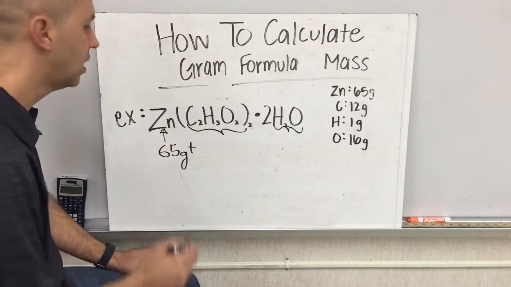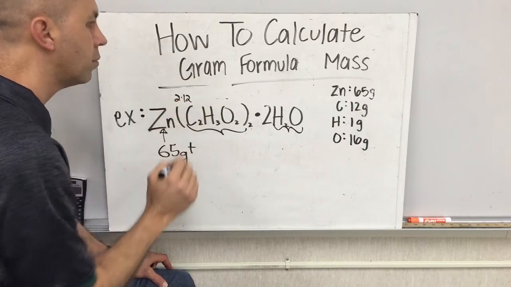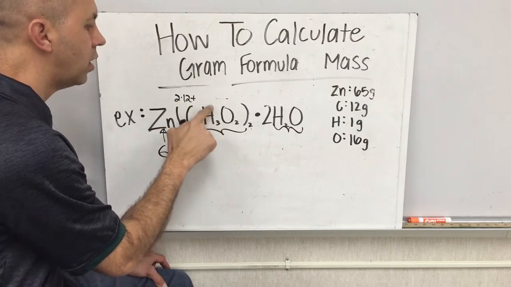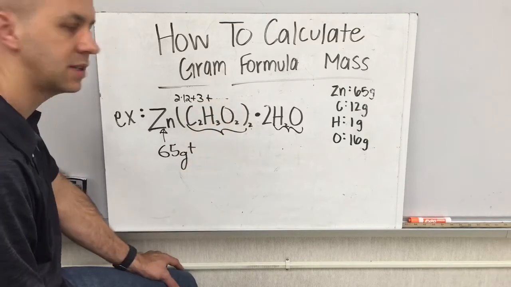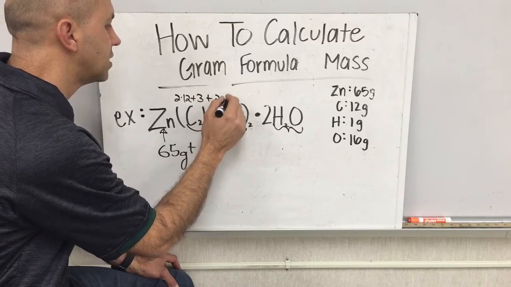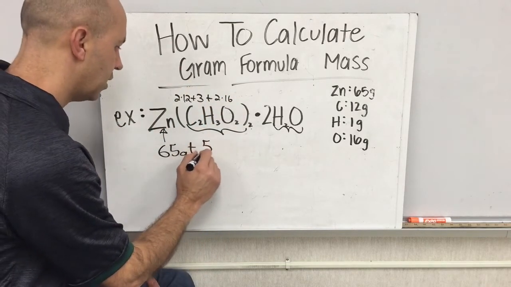Now this whole thing is equal to 2 times 12 for carbon, plus 3 times 1 for hydrogen, plus 2 times 16 for oxygen. Okay, when you add up all those numbers, you get 59 grams.